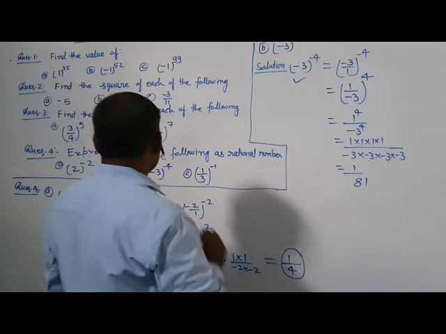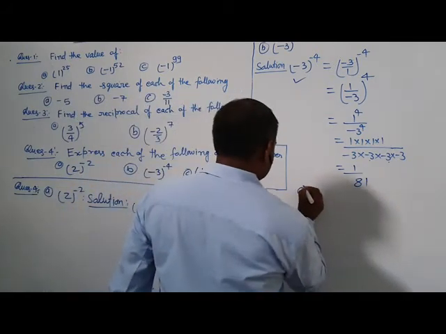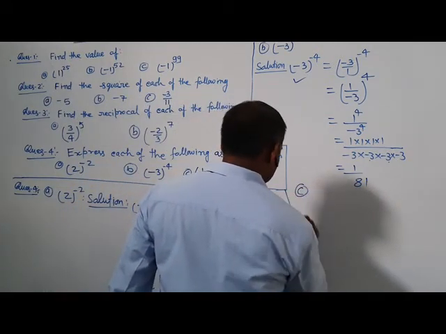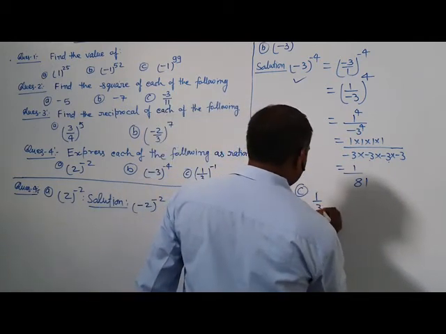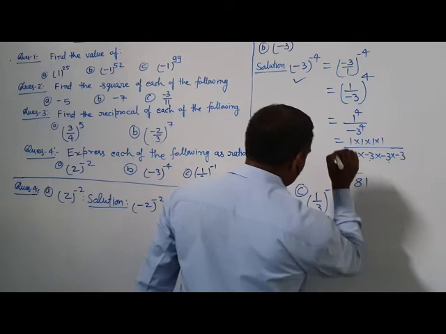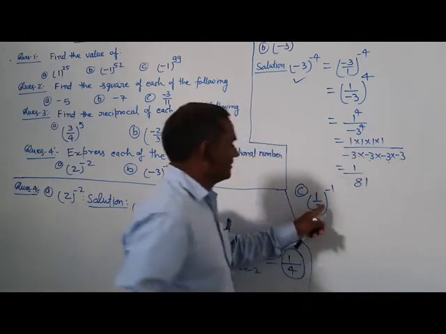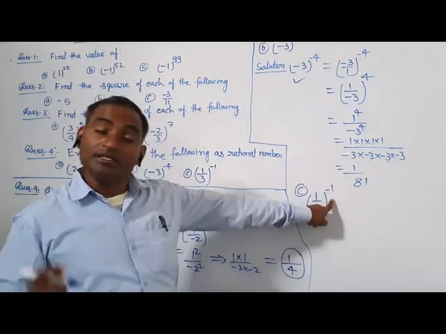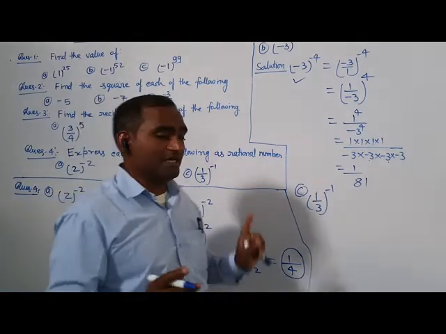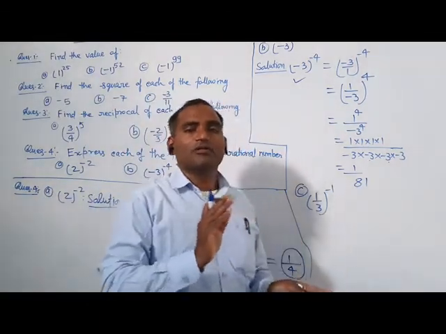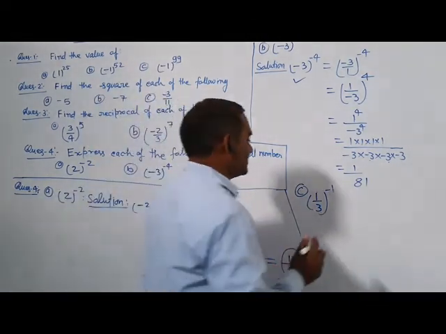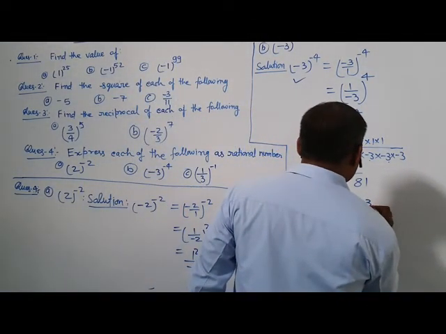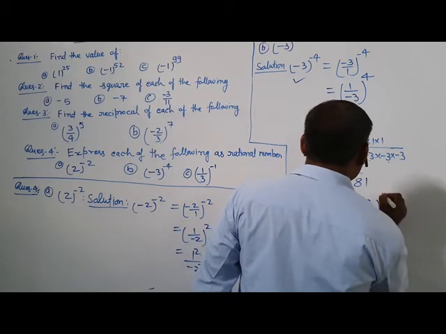Now the third question, C. C is 1 by 3 whole raised to the power minus 1. Here the power is negative, so we have to change the denominator into the numerator and the numerator into the denominator. The power will change into positive. 3 by 1 raised to the power 1.